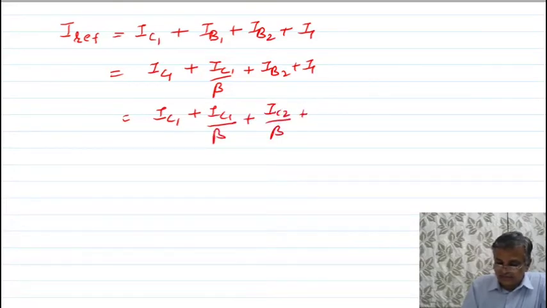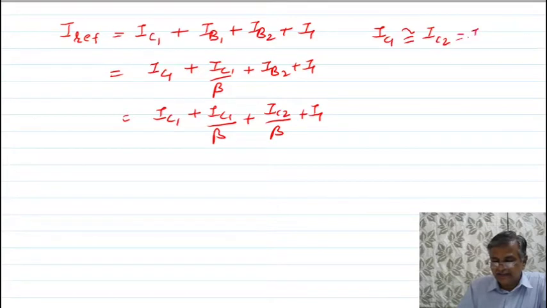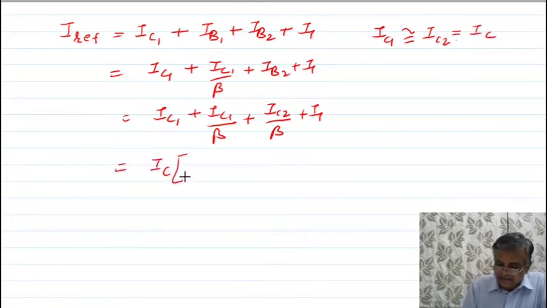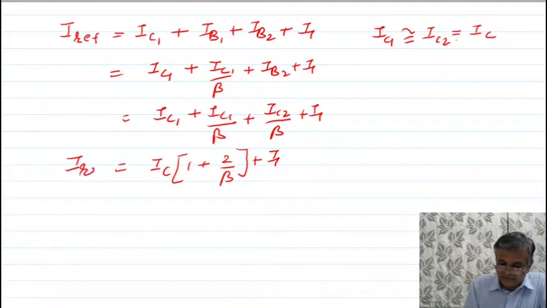Due to the current mirror, I can say this value is nearly the same, IC1 and IC2 are the same. Let us say this value is nothing but IC. So I can write IC into 1 plus 2 by beta, plus I1. This is I reference, so this is 0.75.